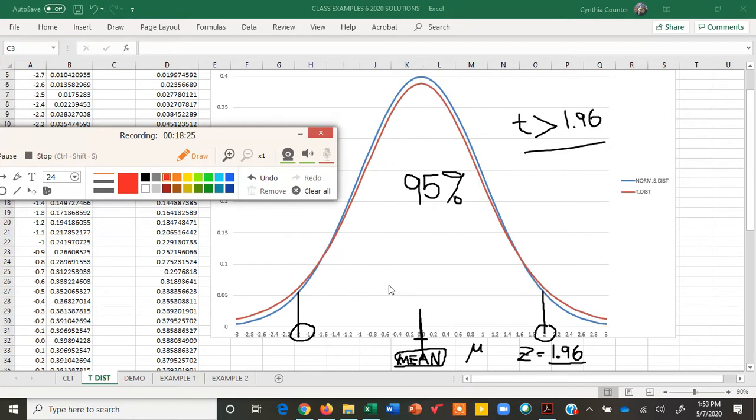So if I want 95% in here, I'm going to have to go a little bit further out, and the t-score would be something a little bit bigger than the 1.96 standard errors in this case from the mean, right? So this would be the negative, and then here's the positive t-score. It'll be more than 1.96.